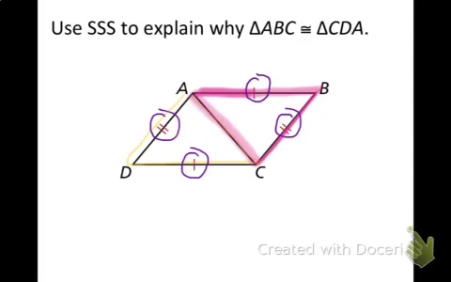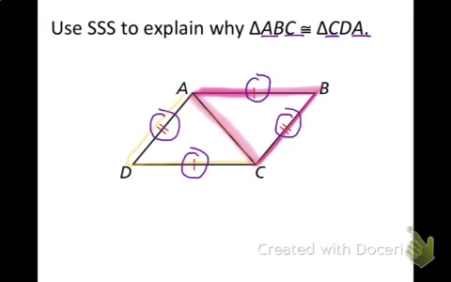We can see that AC is congruent to CA because they're the same line. Now the reason why I changed the order is because look at the order in the second triangle. For the first triangle, they listed it as AC. For the second triangle, it will be listed as CA, but they're the same. So since all three lines are the same, we can prove by SSS.